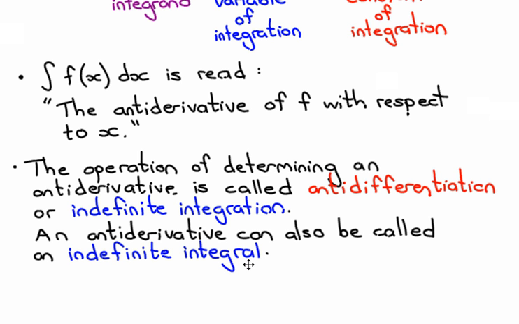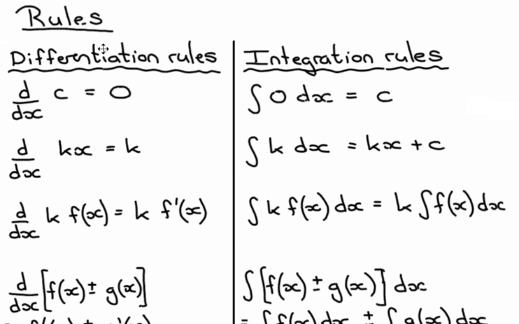Now let's have a look at some of our rules of integration, or our rules of finding the antiderivative. And they go hand in hand with our differentiation rules that we already know. So let's start with the basic one. The derivative of a constant, in this case with respect to x, but remember this can actually be any variable. It can be t, it can be delta, it can be theta.